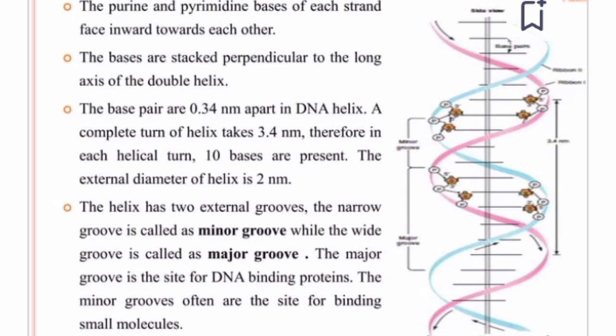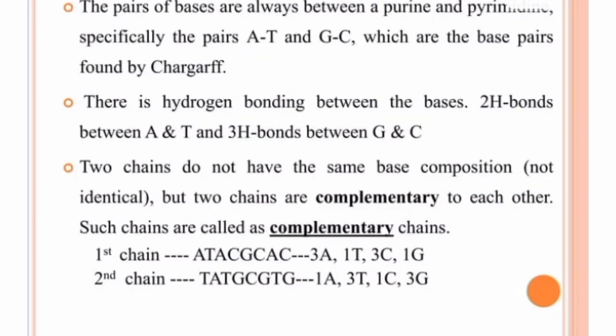The hydrogen bonds are formed between a purine and a pyrimidine only. The only base arrangement possible in DNA structure from spatial consideration is A to T, T to A, G to C and C to G. The complementary base pairing in the DNA helix proves Chargaff's rule.